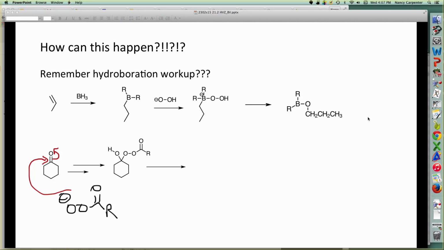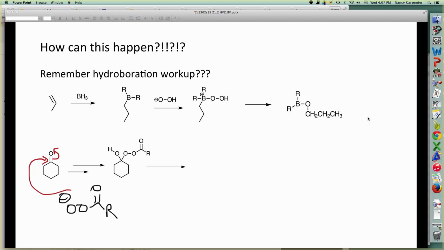Well, there's the tetrahedral intermediate, just as you would expect. Then what? Well, draw the parallel. Basically, we've got the same oxygen-oxygen bond that wants to break, and we've got the same alkyl group that can shift.